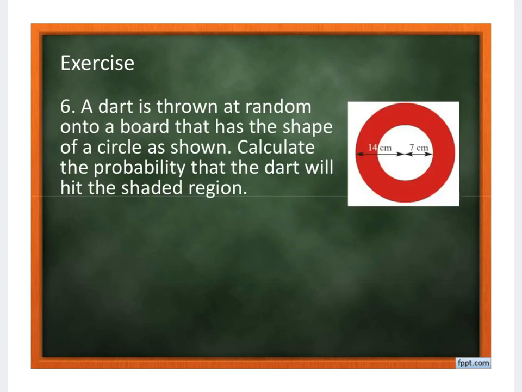A dot is thrown at random onto a board that has the shape of a circle as shown. Calculate the probability that the dot will hit the shaded region. First, we find the area of the small circle, A1.